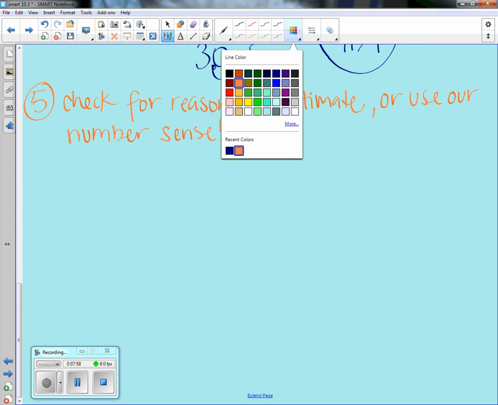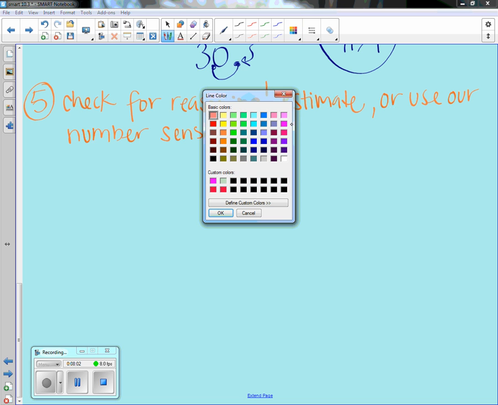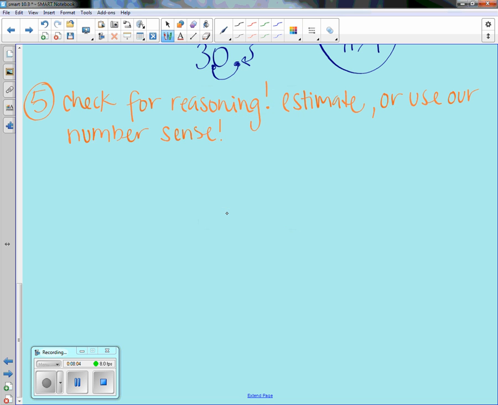We're going to switch colors. Let's do blue. All right, so my example 1. We have 0 and 52 hundredths, and we're multiplying that by 2 and 1/10.